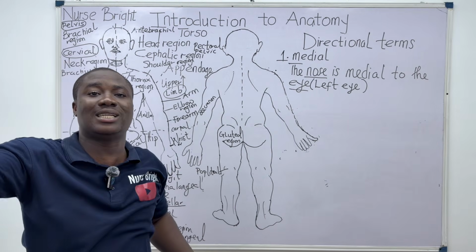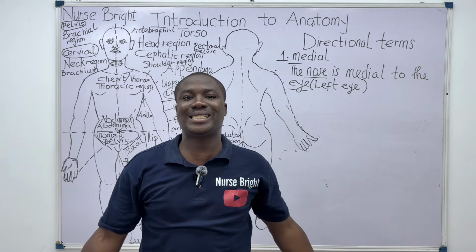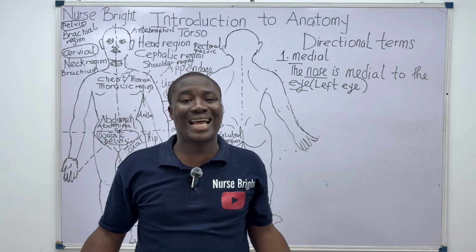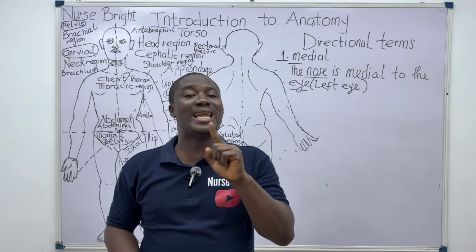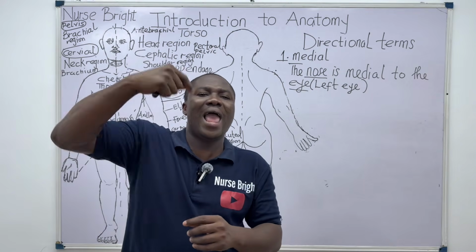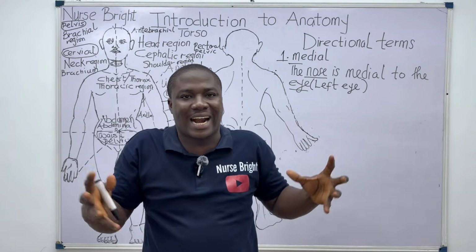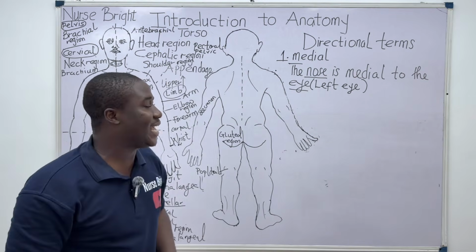Remember, to use directional terms properly, that individual must be standing in an anatomical position. If that person is not standing in an anatomical position, whatever structure you want to describe, the location might be wrong. So pay attention.